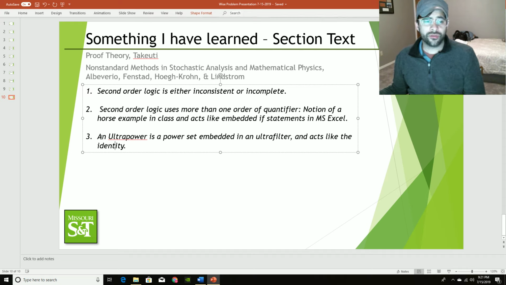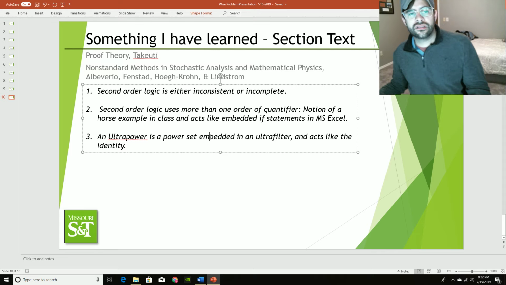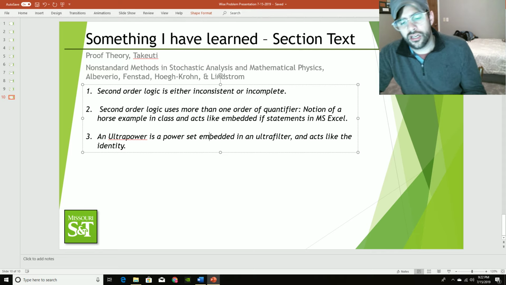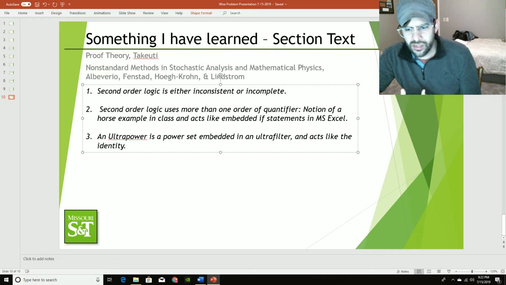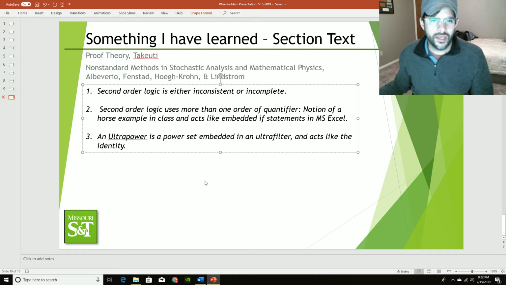And then number 3 is the ultrapower is a power set embedded in an ultrafilter, and it acts like an identity. And in the nonstandard methods book, it talks about on page, I think it's like page 20, 18 to 20, somewhere in there. Someone can correct me on that.